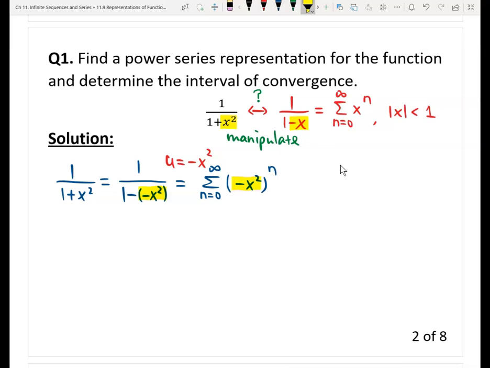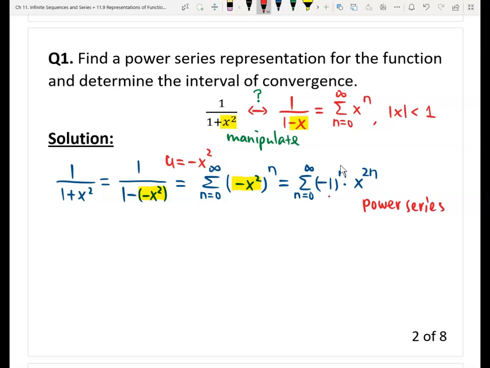Because negative x squared is u, or you just see this as a group. Now I just simplify a little. We have negative 1 raised to the nth power times x squared raised to the nth power, which is x to the 2n, for n starting from 0 to infinity. Is this a power series? Yes, now we have a power series.